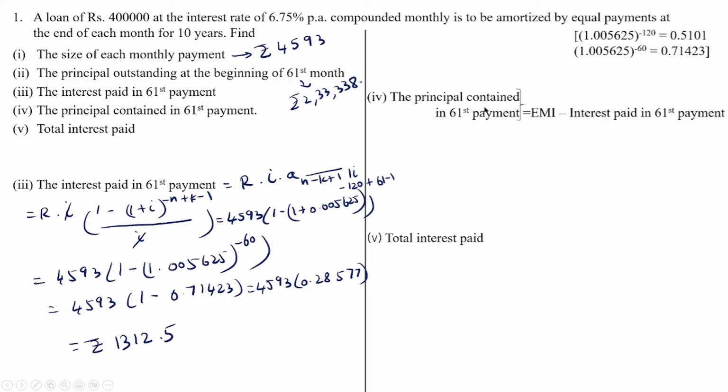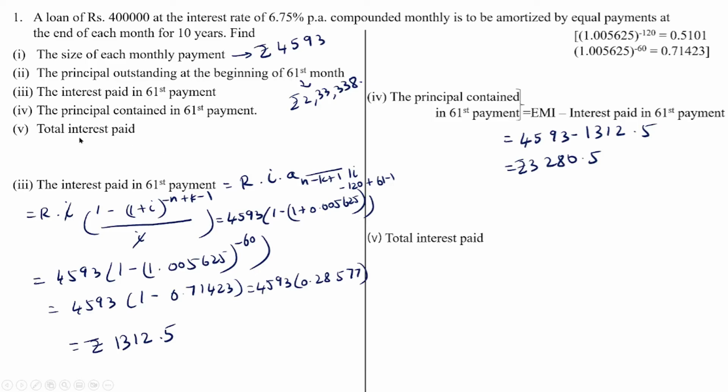So it will be EMI minus interest paid in 61st payment: 4,593 minus 1,312.5, so it is 3,280.5. So this is the principal contained in 61st payment.